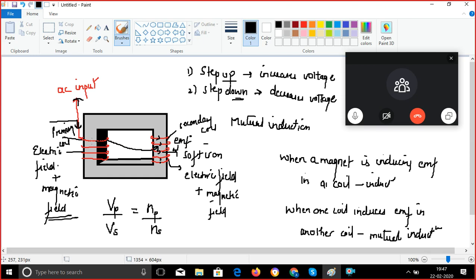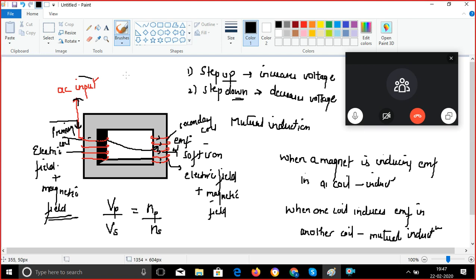If you remember, when we were doing induction, I told you how to increase the induced voltage by increasing the number of turns. That means they are proportional to each other. If you increase the number of turns, voltage increases. If you decrease the number of turns, voltage decreases.